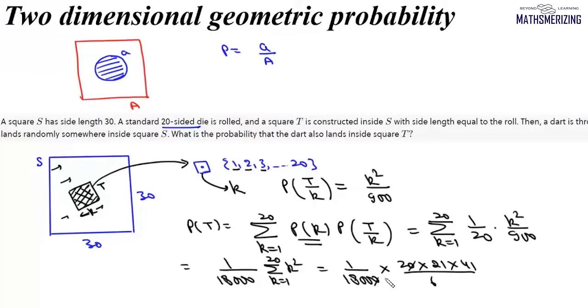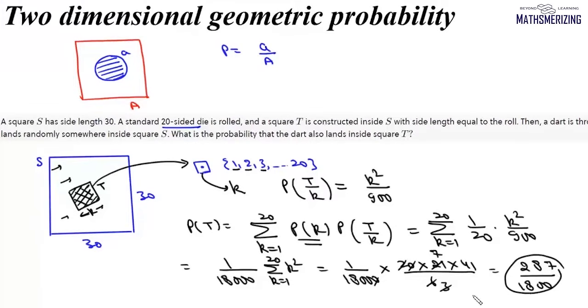Now here this 0 will cancel. This is 3. This is 7. So it is 287 divided by 1800. So the probability that the dart also lands inside the square T is 287 by 1800, and that is the answer to this question.